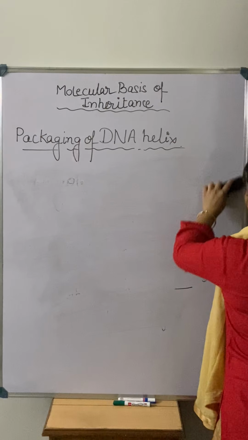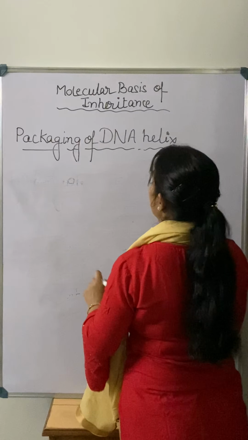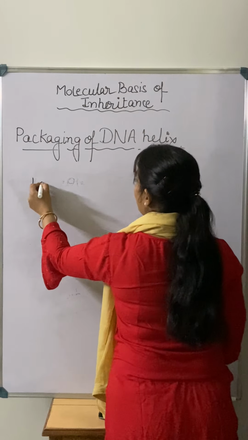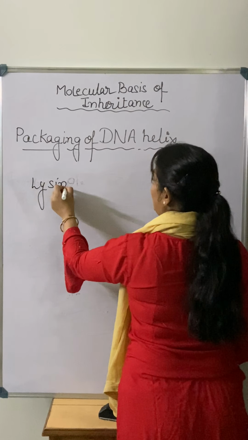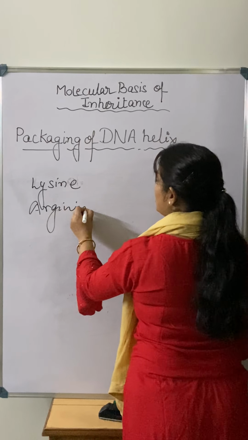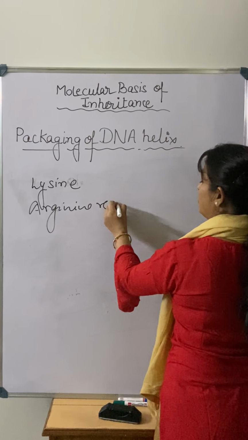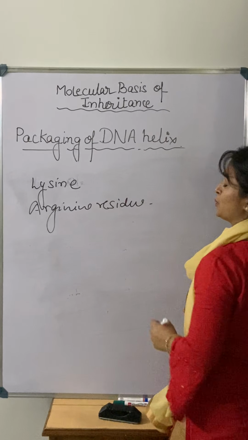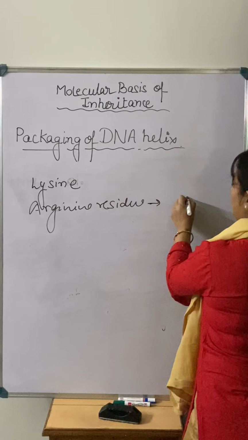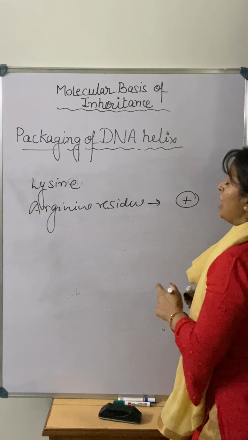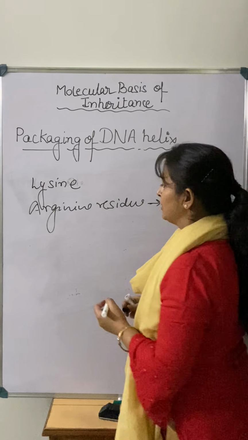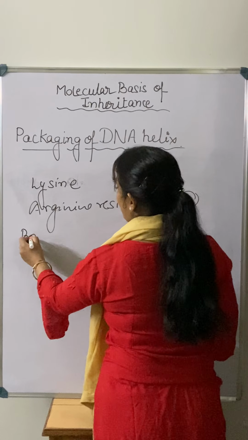As I told you, in eukaryotic cells there are very common basic amino acids. The names of those amino acids are lysine and arginine. These two common basic amino acid residues are present where? In the cytoplasm, and they have a positively charged side chain, right? And these amino acids make the protein, right?